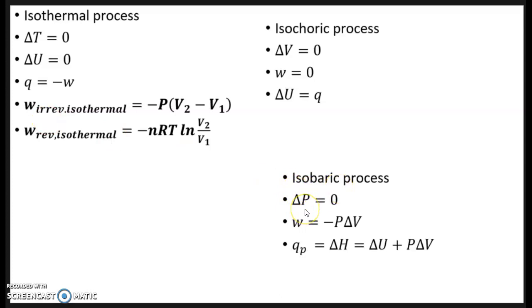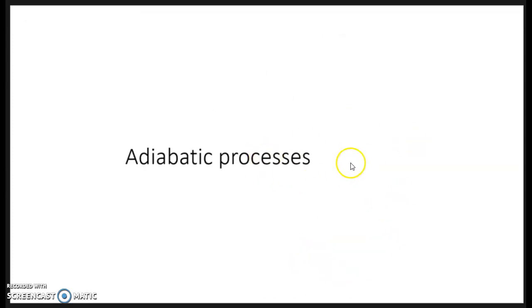Isobaric processes, that's processes at constant P, and then we arrive at Qp equals the change in enthalpy of the system. In this video, we will be talking about adiabatic processes.